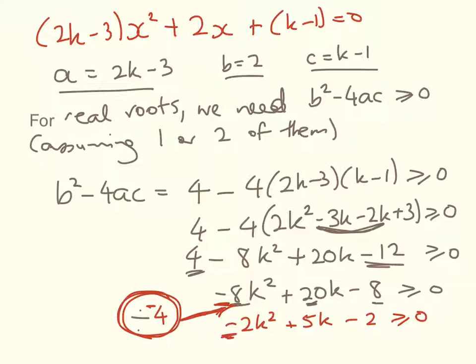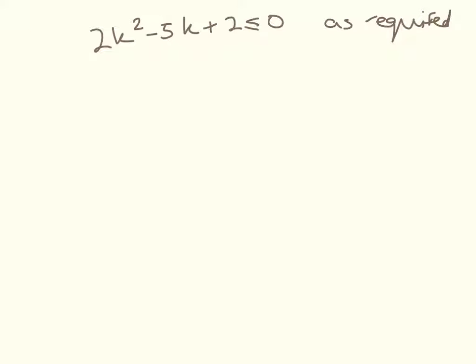So I'm going to do that on a new slide. Remember, when I divide or multiply by a negative, that's when I have to reverse the sign of the inequation. So this becomes now 2k squared minus 5k plus 2 is less than or equal to 0, and that was the first thing that we needed to show as required. So that was the first part done.